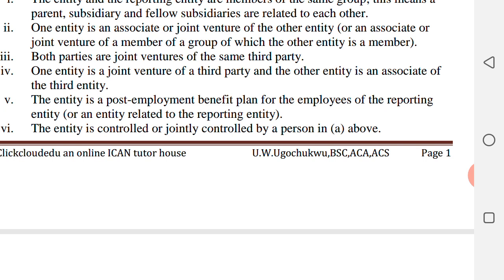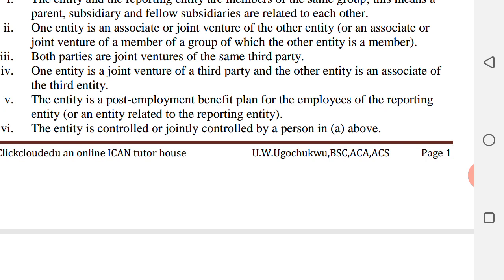Four, one entity is a joint venture of a third party and the other entity is an associate of the third party. Now for example, let me say one entity is a joint venture of the third party. Let me say the third party is a parent and the company is a joint venture, while the other one that interacts with the company is an associate of the parent.